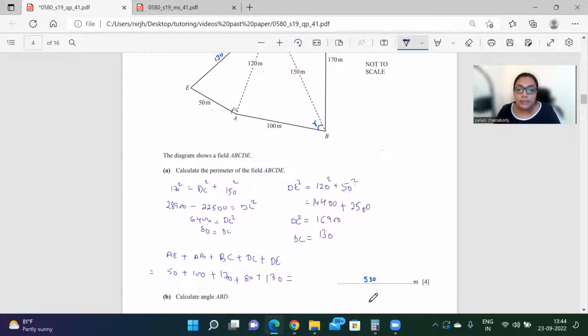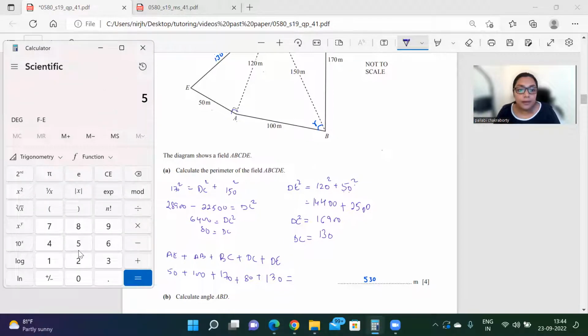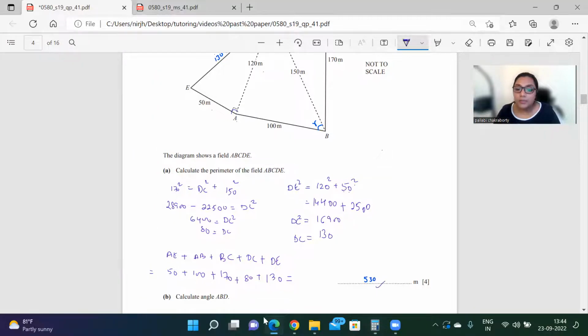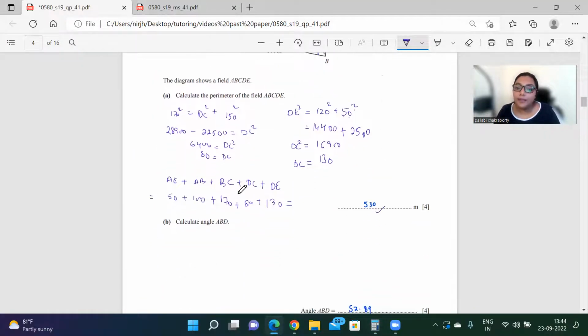So let's add these up: 50 plus 100 plus 170 plus 80 and 130. So we get 530 meters, which is the perimeter of the given figure.